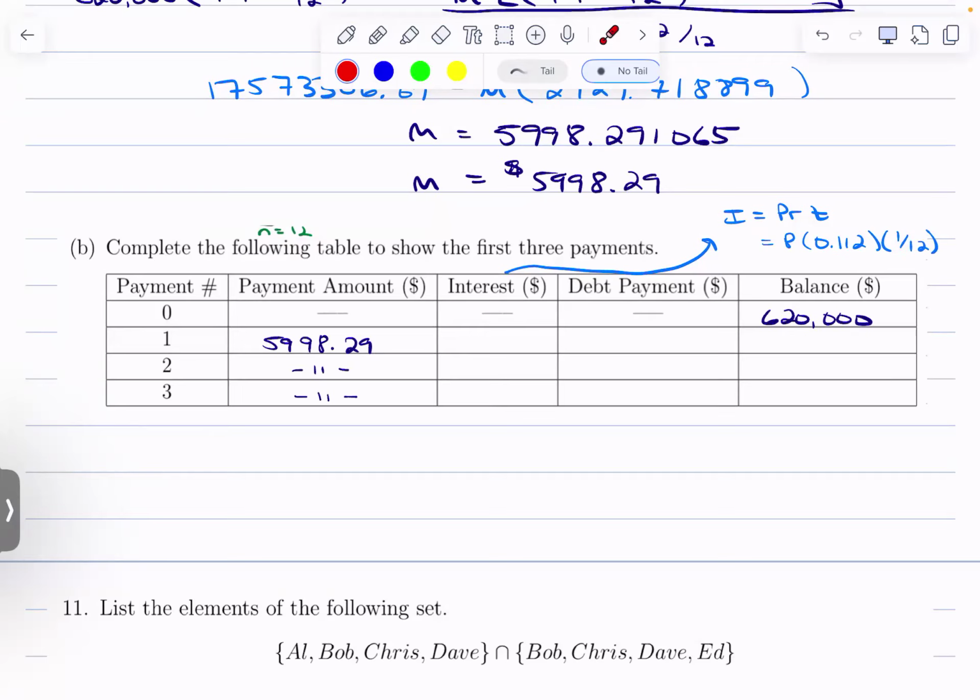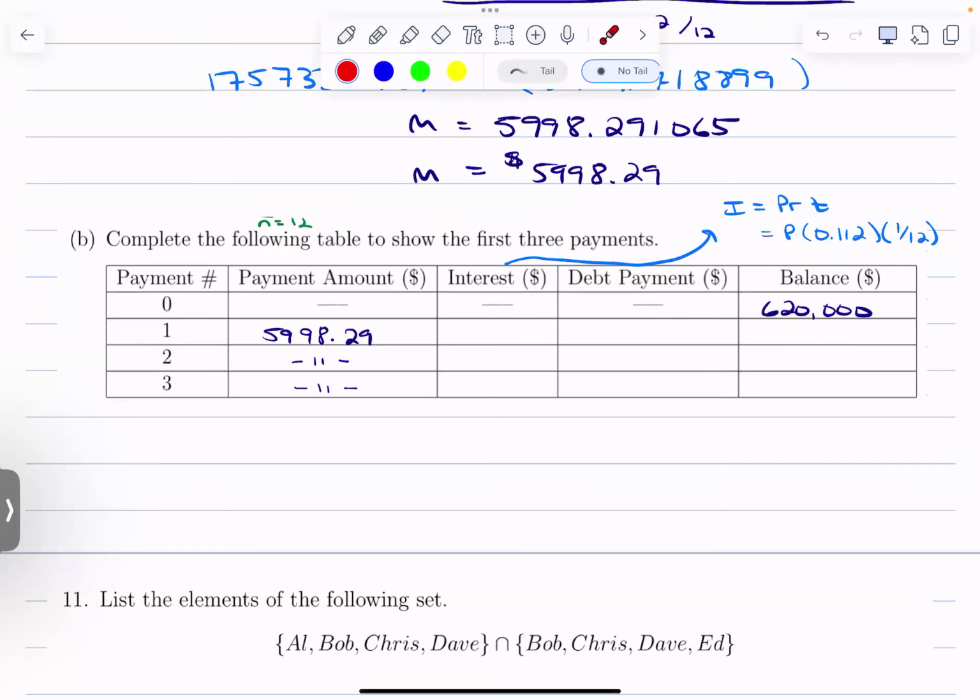So the interest here is going to be the previous balance, right? 620,000 even, times 0.112 and then times 1/12 if you want to be proper. No surprise, just disappointing.